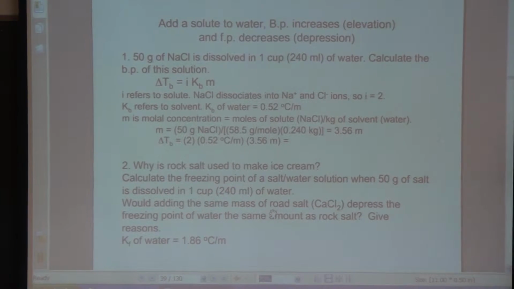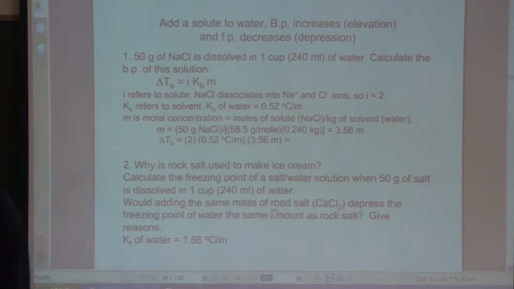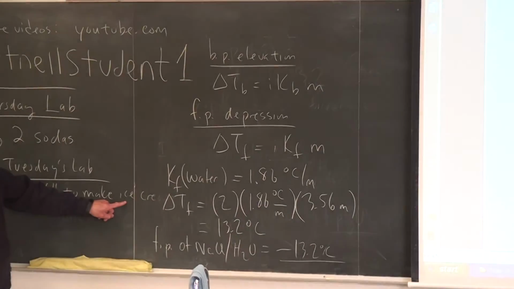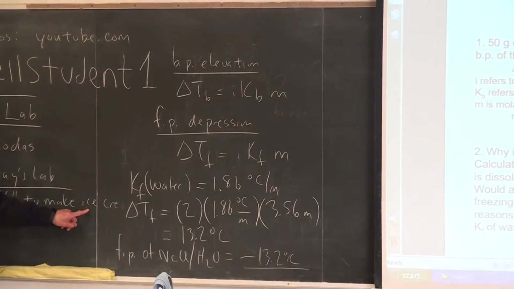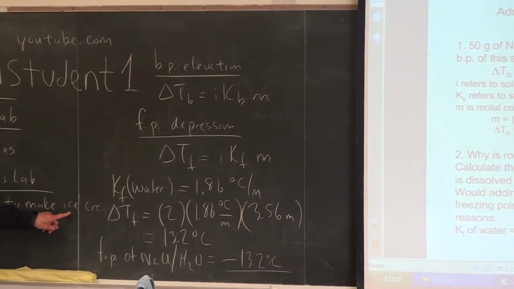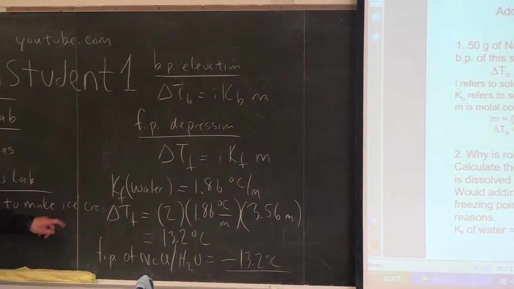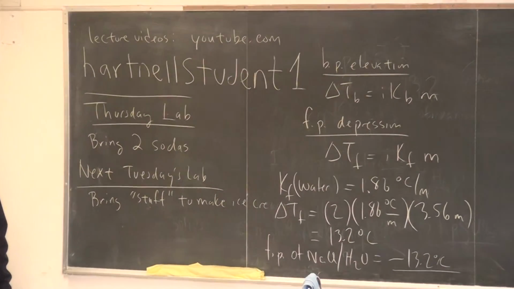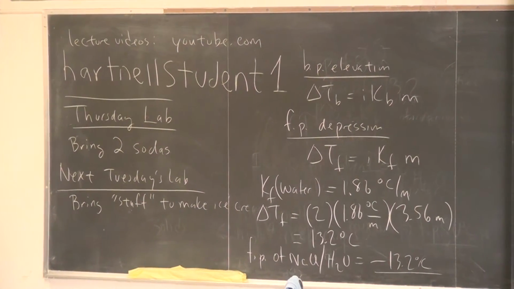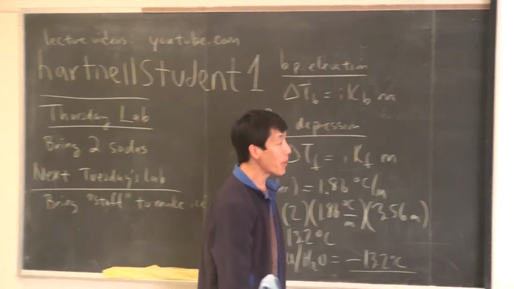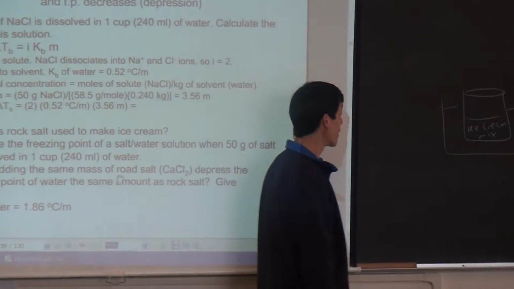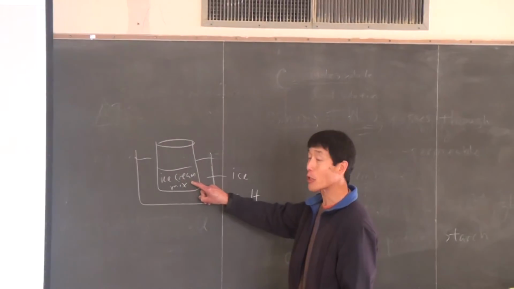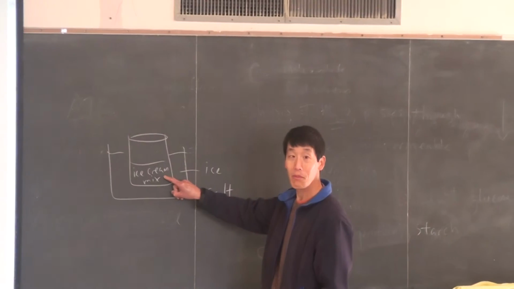Now the other thing you want to do when you make ice cream is estimate the concentration of salt used in the ice cream that you make, in order to estimate the freezing point of your ice cream mixture. Let's just say that you estimated the freezing point of your ice cream mixture to be, say, minus 10 degrees.